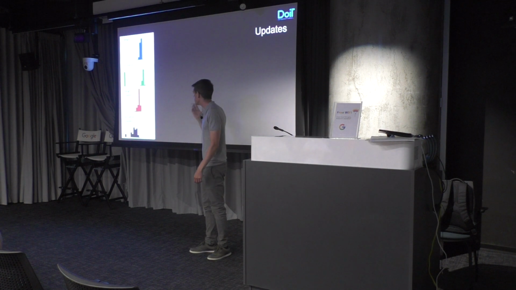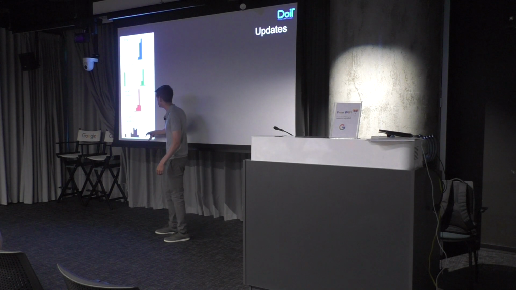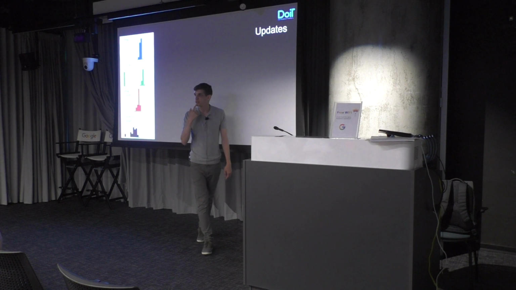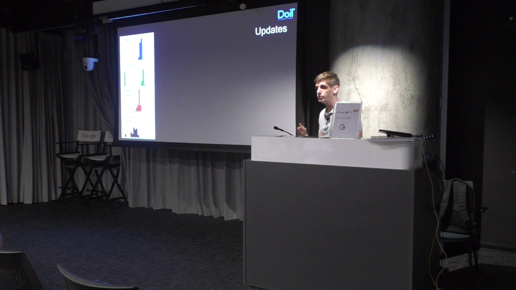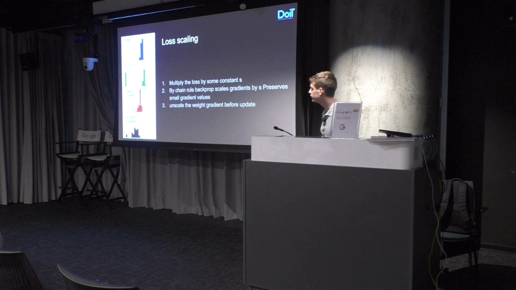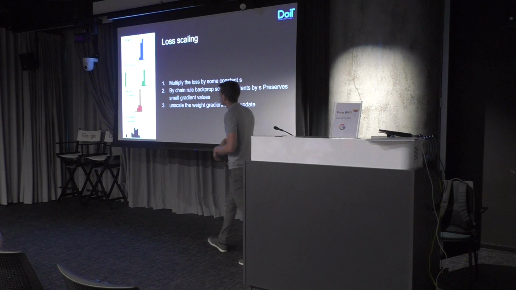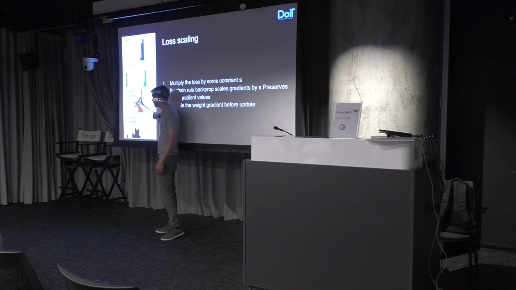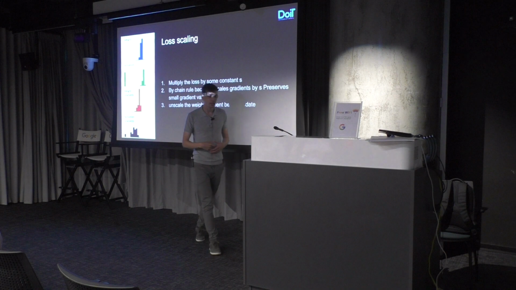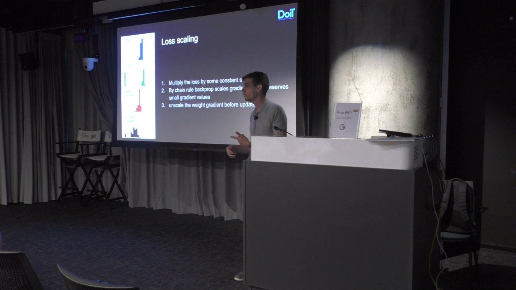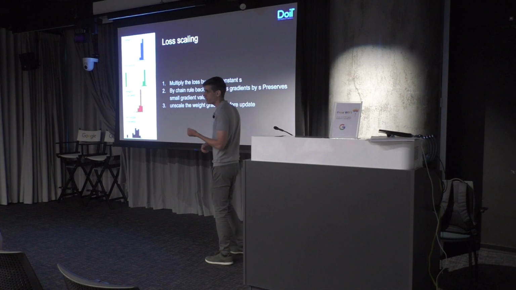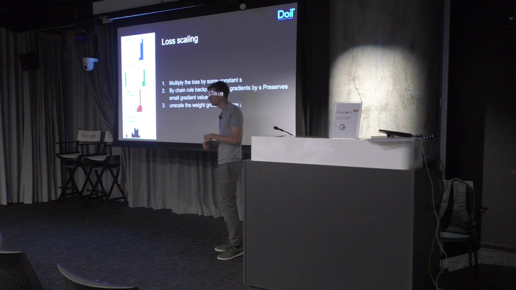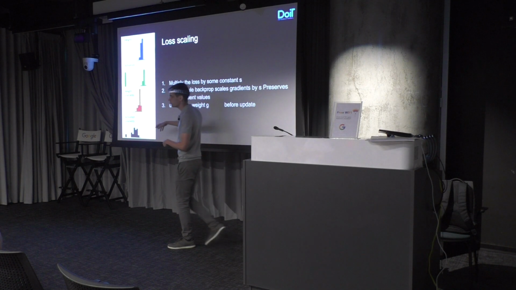So, can anyone think of a solution to what I can do with these two? Shift down. Do you have an idea of how? Log? A log could be a good idea, or just multiply them by a scale. Since we're only talking about the weight gradients and the activation gradients, and all of the computation is done using the chain rule, multiplying the loss by a factor and then dividing by that factor would not affect the numbers themselves.